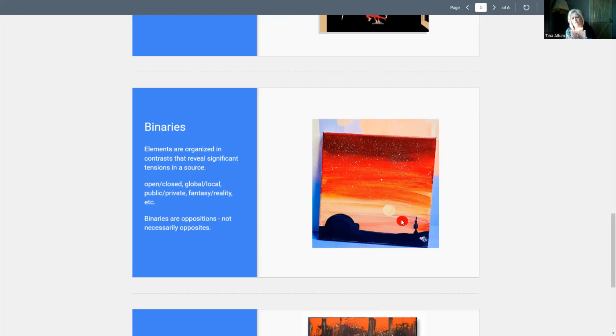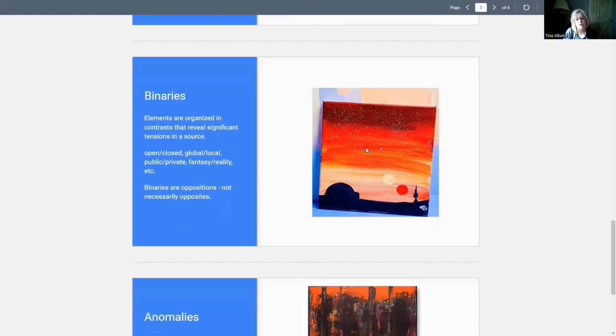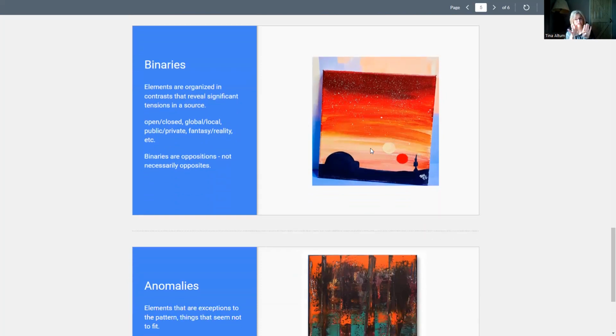So they oppose one another. They're not identical. Lots of things in these colors aren't opposites, but they don't blend perfectly together. There's lines in between each one of those colors. So that would represent a binary, something that opposes each other.